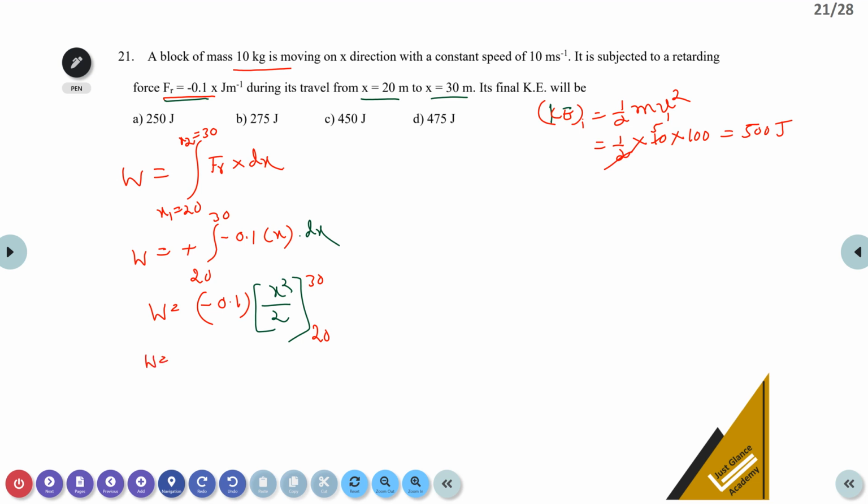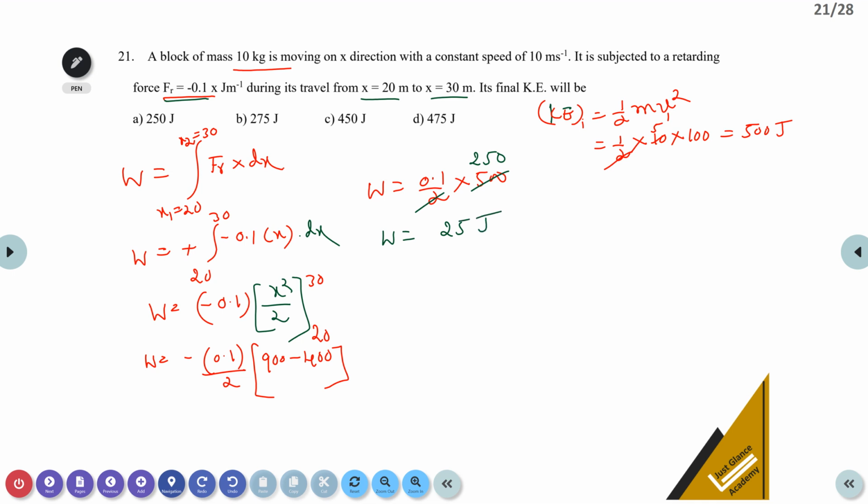Then work done equals minus 0.1 divided by 2 into the bracket 30 square, 900, minus 400, because square is there. Then work done equals 0.1 divided by 2 into 500, which is 250 times 0.1, so it becomes 25 joules of energy. 25 joules, with the minus sign, students. Don't forget the minus sign.